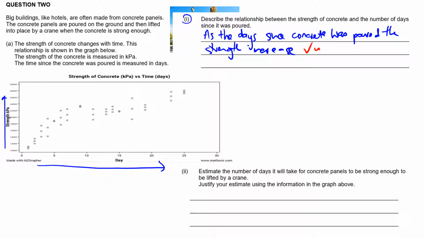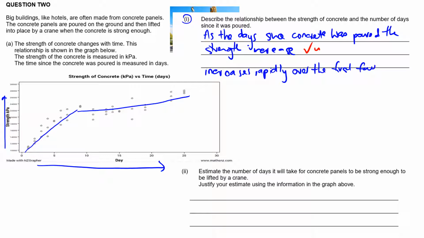Now, if you had said something along the lines of, it increases and then sort of plateaus out, so it increases rapidly over the first few days, but then plateaus out, or something in context, the strength increases rapidly over the first few days and then plateaus out, that was a merit statement.